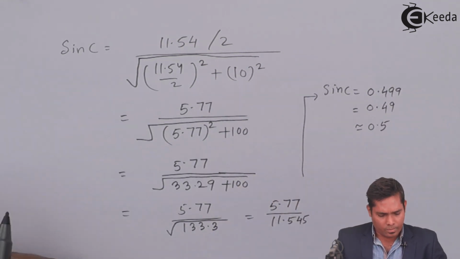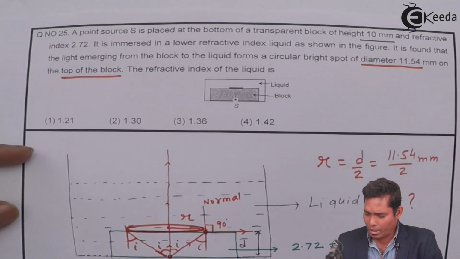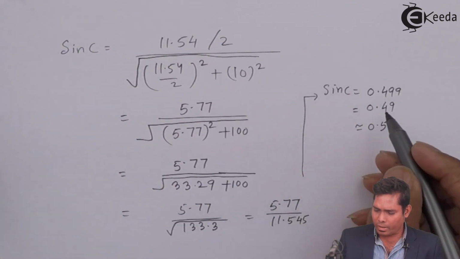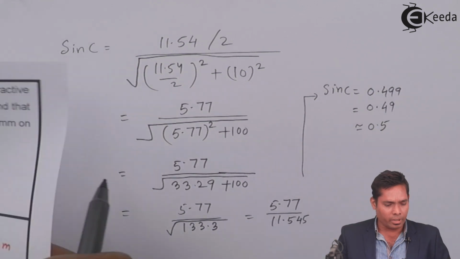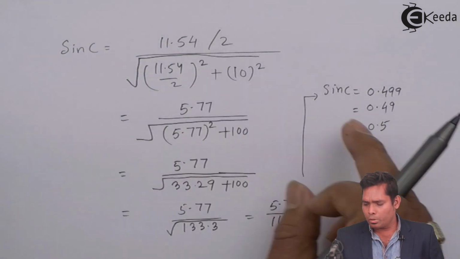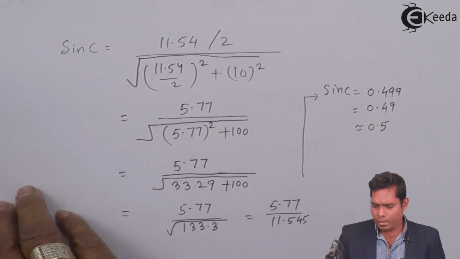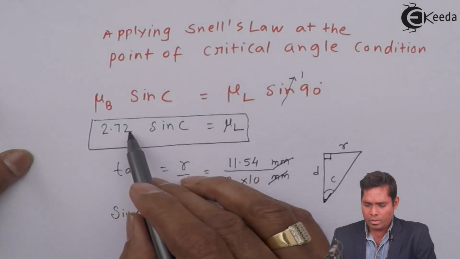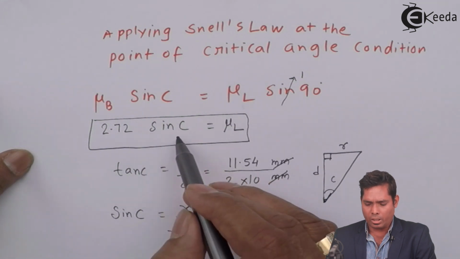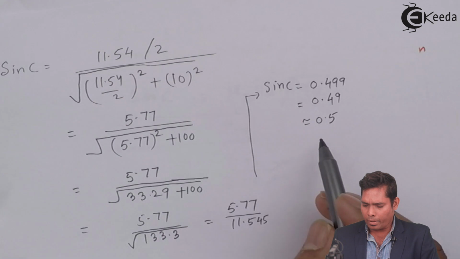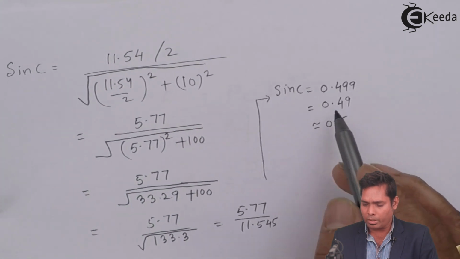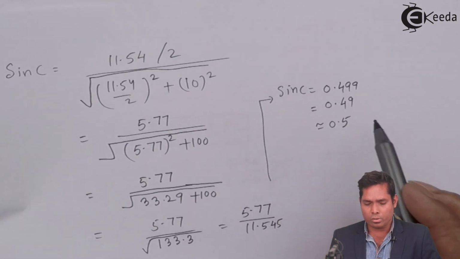Now if I use that sin C over here as 0.499, without any problem I can put 0.49 as well, no problem with that. You can see here that the sin C value I have to substitute here, because I got sin C as 0.49. To get more accurate, even if we put 0.5, then it's okay.